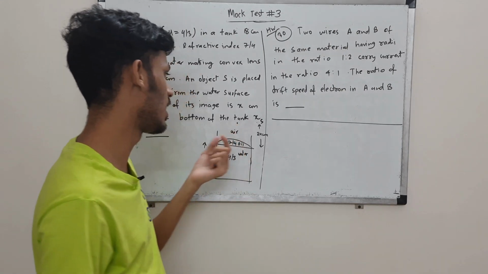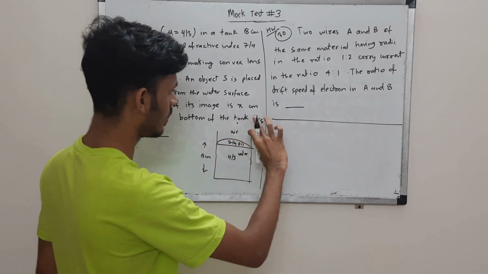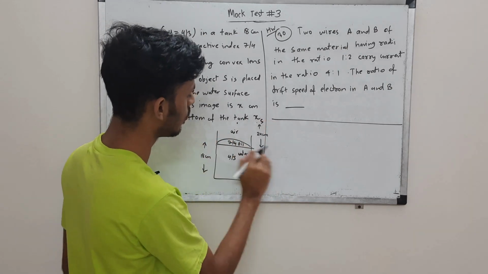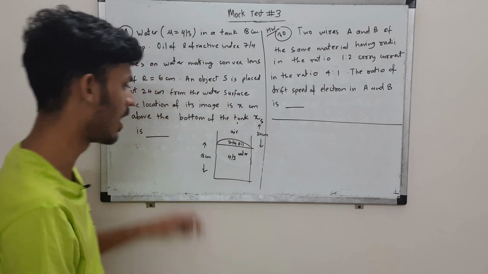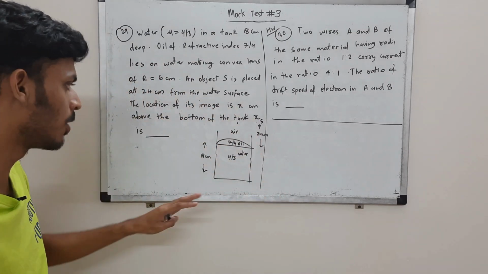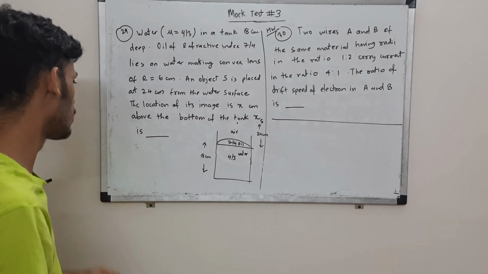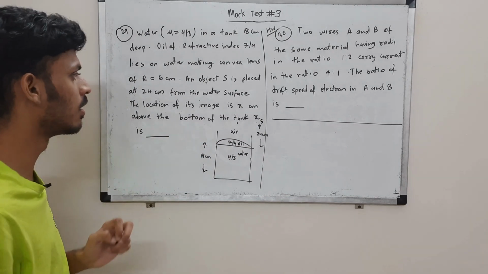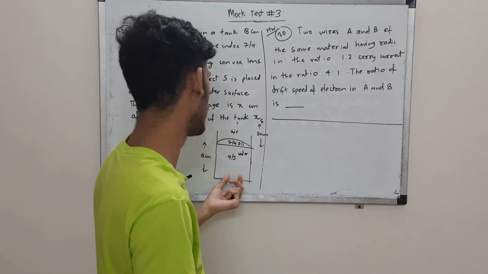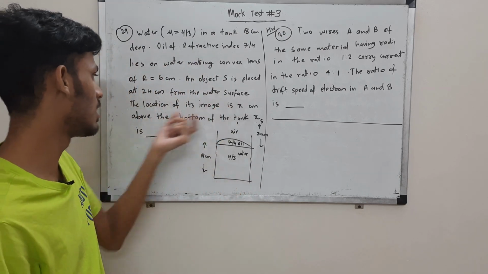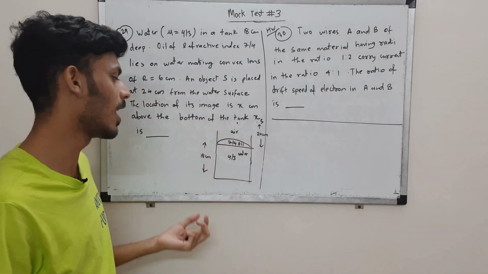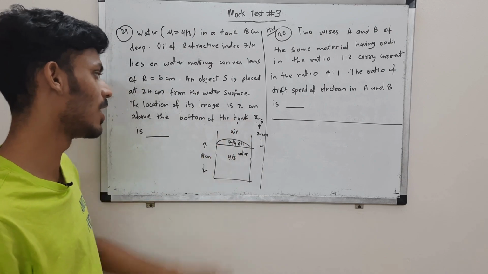An object is placed in air at a distance of 24 centimeters from the oil-water interface. I know the scaling is not correct, but you get the point. You are supposed to tell what the final image is. The location of the image is at a distance x from the bottom of the tank. What is the value of x?